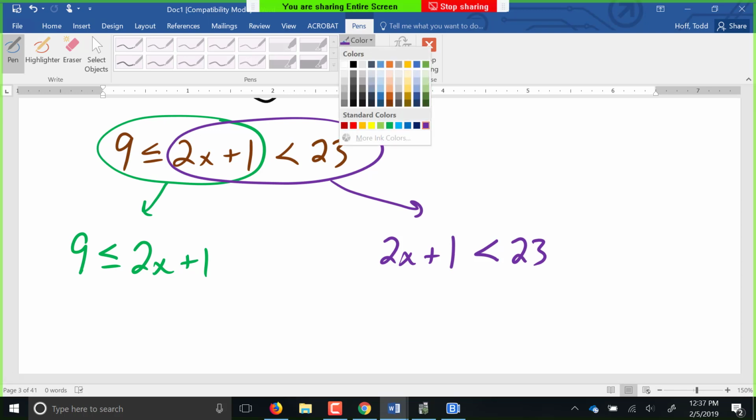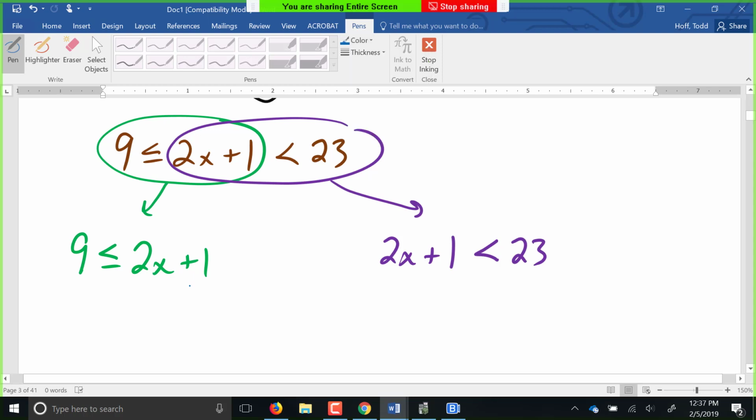Now, the nice thing about both of those inequalities is the steps to solve them are the same. In both cases, I'm going to subtract 1 from each side, and then I'm going to divide by 2.